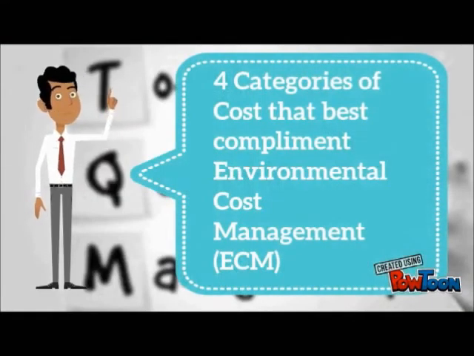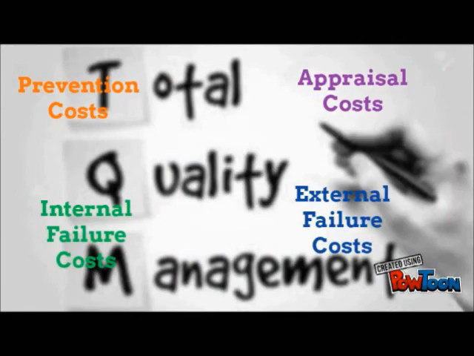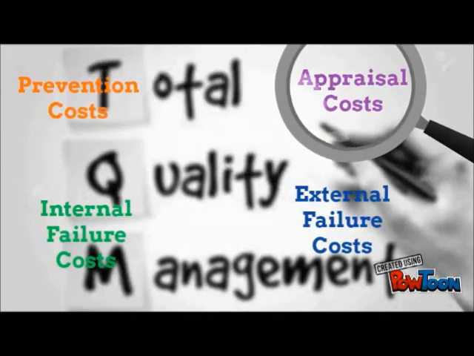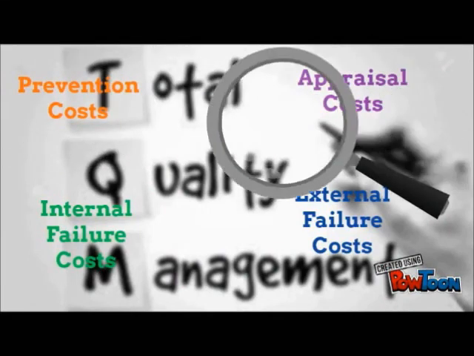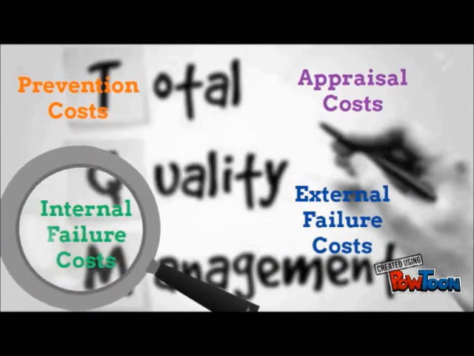Now, let's discuss TQM's 4 categories of costs that should best complement environmental cost management. The 4 types of costs are prevention costs, appraisal costs, internal failure costs, and external failure costs.